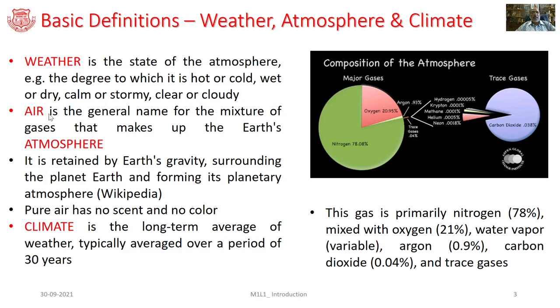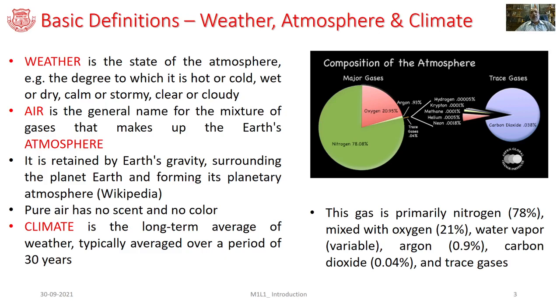It is clean, transparent, and does not have any scent. As compared to weather, the climate is the long-term average of the weather. Typically, the weather for a particular region over 30 years will define the climate of that region.